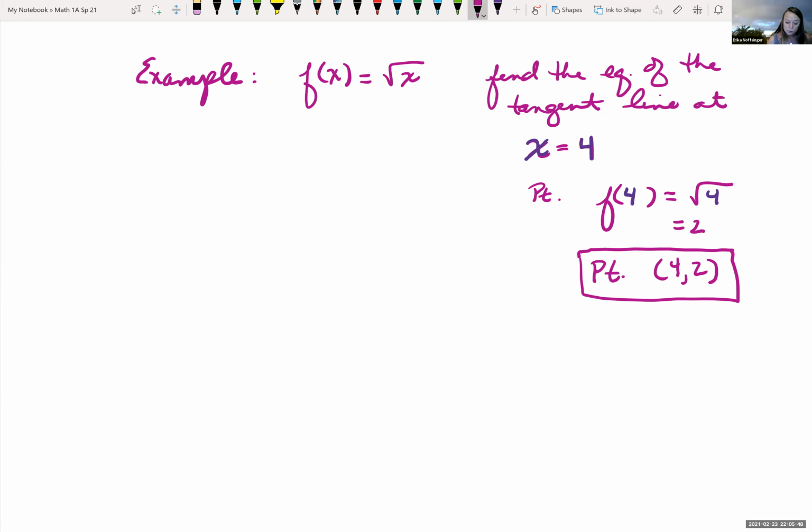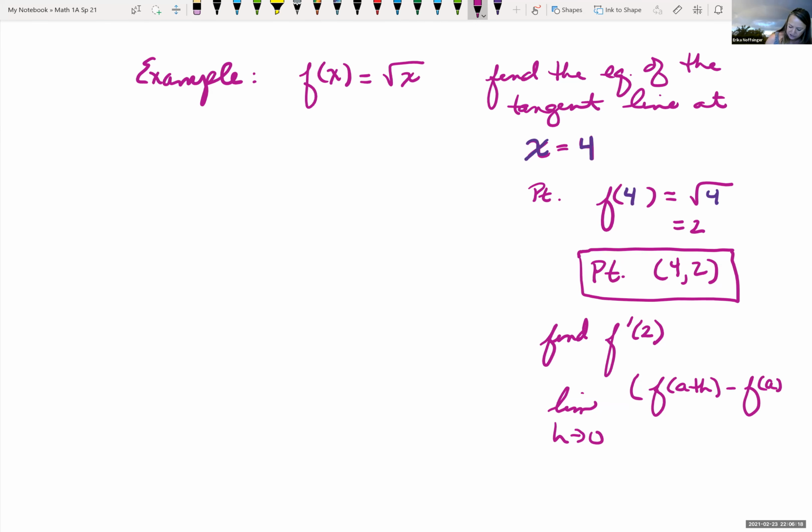We need the slope, and so we want to find f prime of 4. I can do this a couple different ways. I can do this just evaluating the slope at a single x value, and you might remember this was a limit of f of a plus h minus f of a all over h.